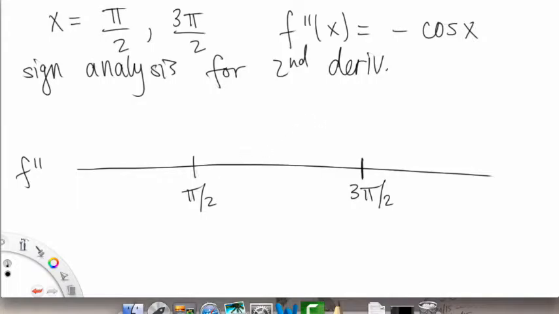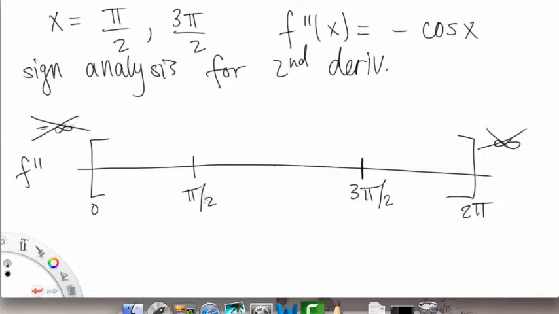Instead of negative infinity and positive infinity on the ends, we were given a certain interval, 0 to 2 pi, so we have to respect that interval and stay within that zone.